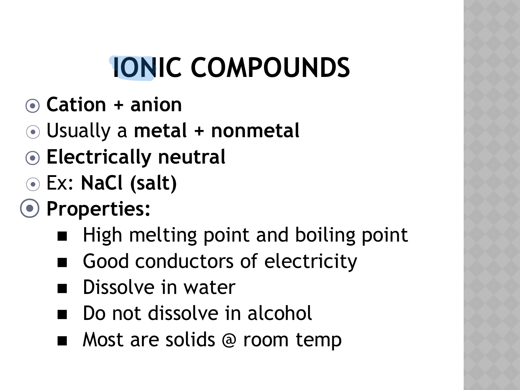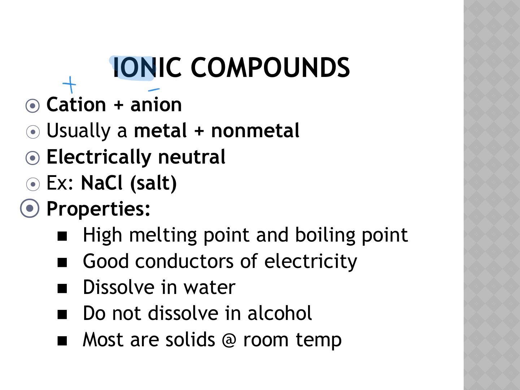What kind of a charge does a cation have? Okay, positive. What charge does an anion have? Negative. Okay, what do we know about positive and negative charges? Opposite charges. Oh, they attract.